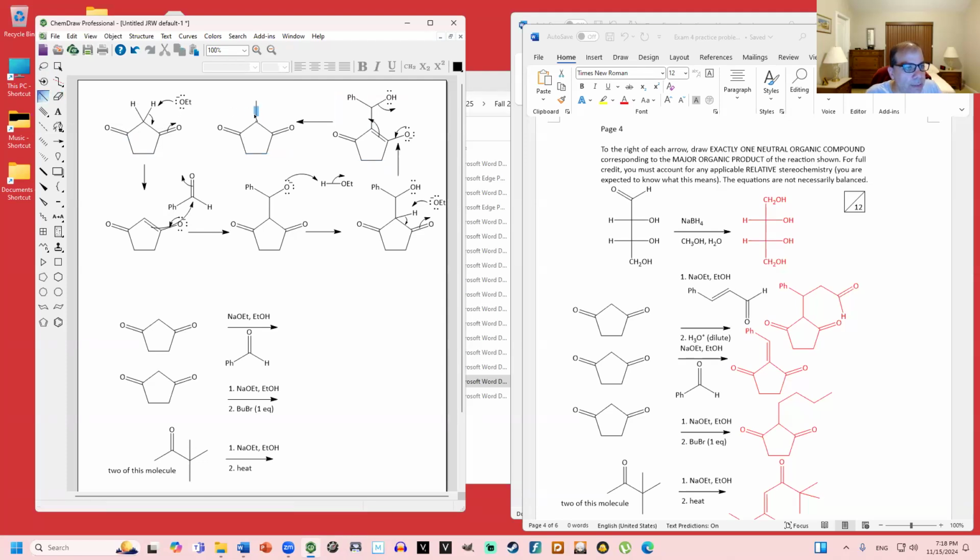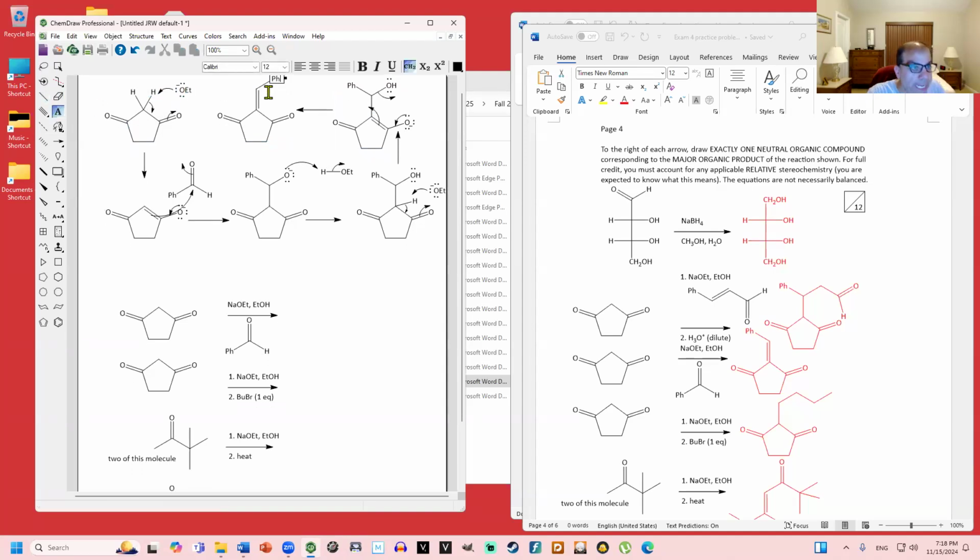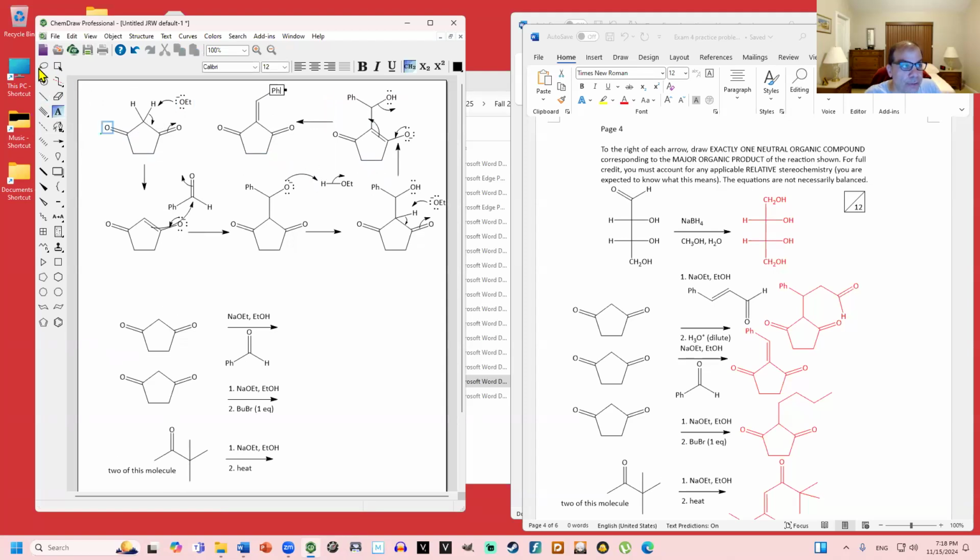And again, we have that new double bond that's conjugated to both carbonyls and to the benzene ring. So there is no way, in my belief, that you could stop this one from dehydrating. And that's going to be the answer to that question.